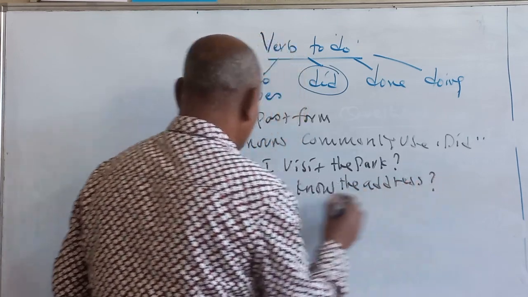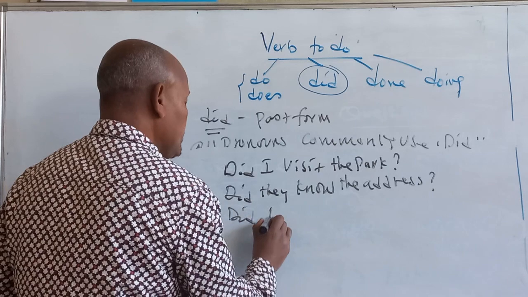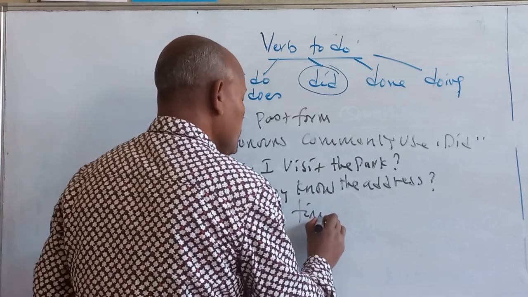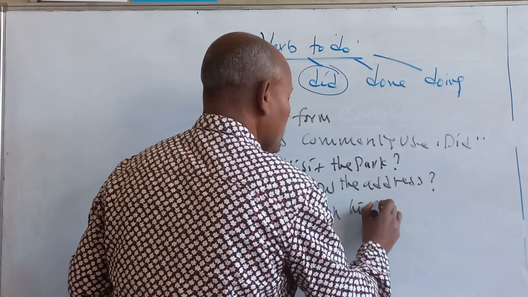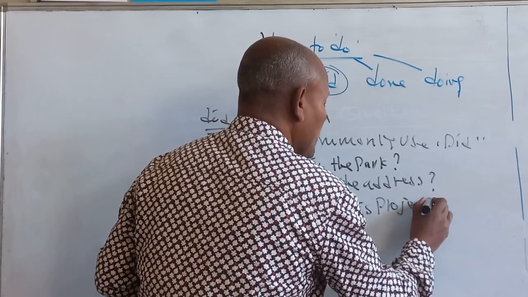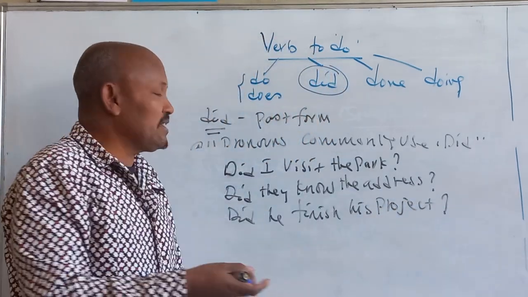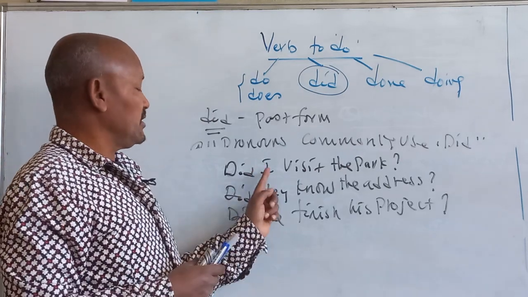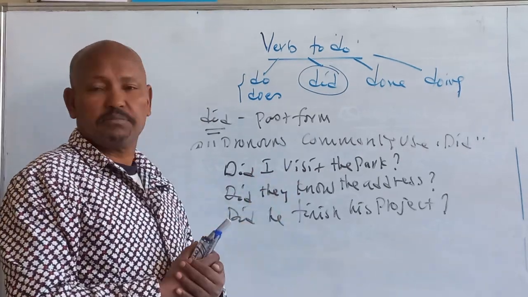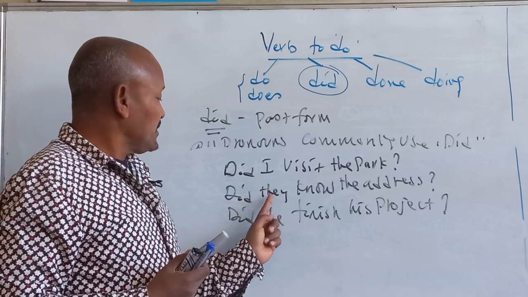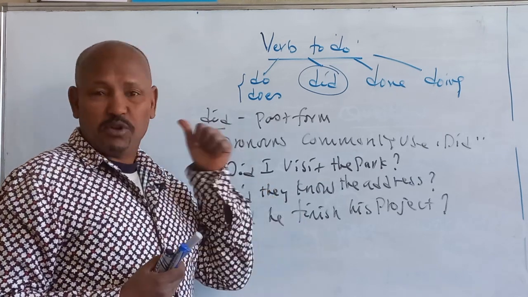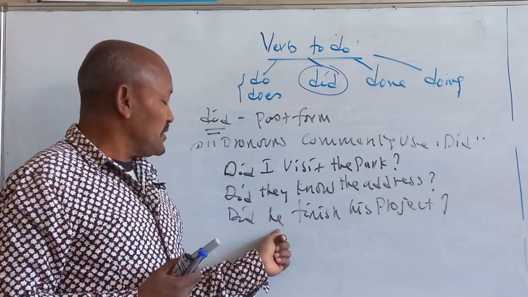And here is the other one: did he finish his project? Look, the example is here, example questions for using did. Did I visit the park? This is singular, did I visit the park?